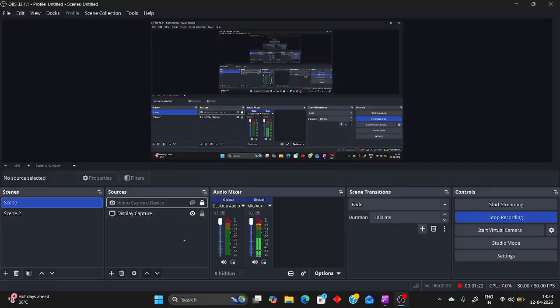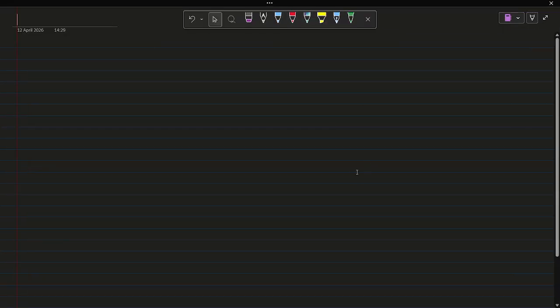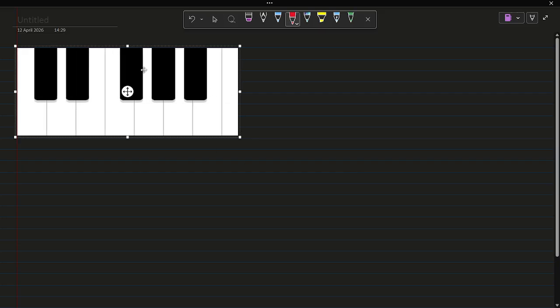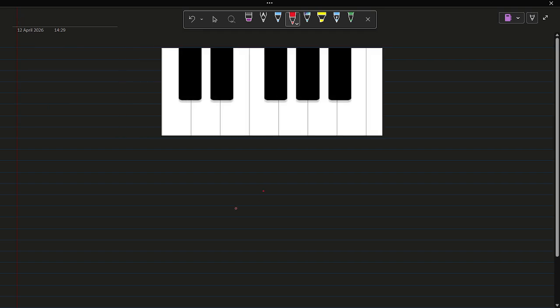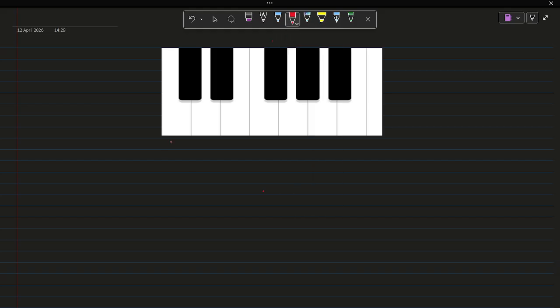So first of all, let me switch off my camera. I think my screen is visible. Okay, so here on my screen, you can clearly see a picture. I think most of you are familiar with this.